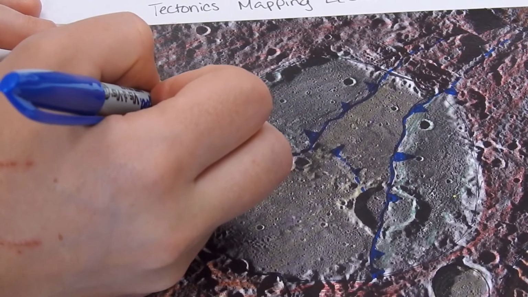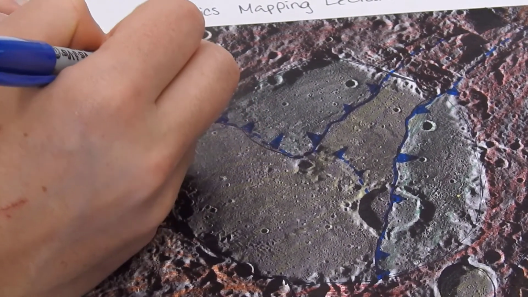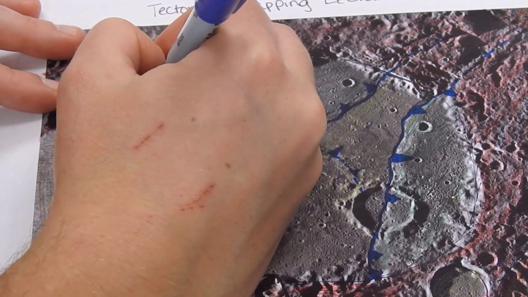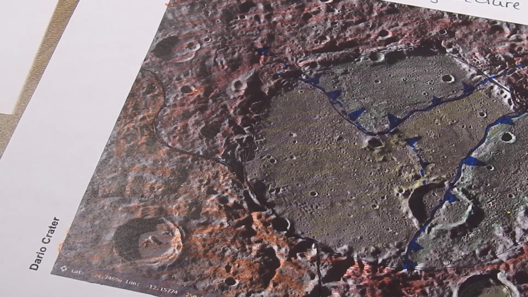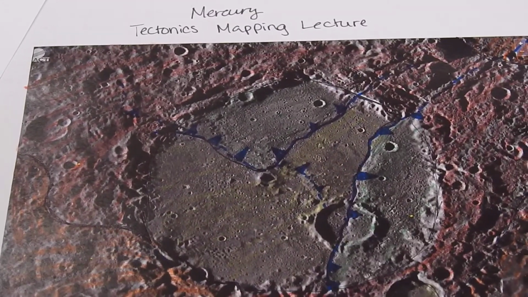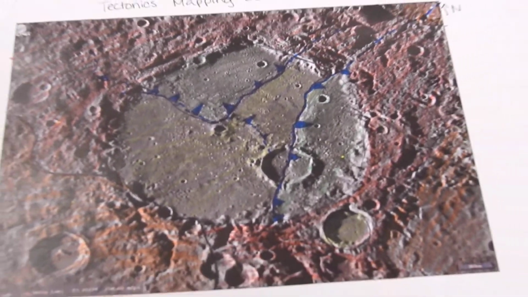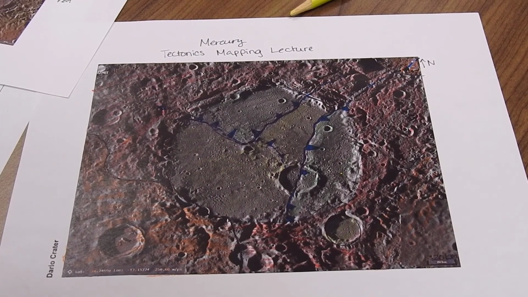And it looks like it continues out this way, maybe. Tectonics can be really, really challenging, but that's also why I like doing it. All right, so this is our map that we end with. So in part 2 of this video, we're going to be going over normal fault mapping. Thanks.